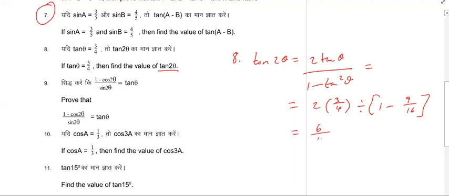That is 6 over 4 times 16 over 16 minus 9, which is 7. That's 3 over 2 times 16 over 7. 8 times 1 times 3 is 24 over 7.